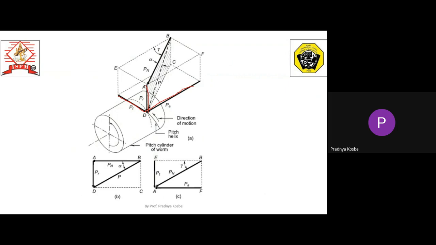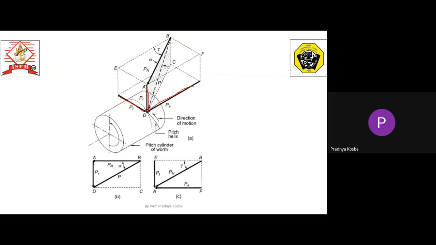This P is the resultant force. So the normal reaction P acting on the worm is shown in the figure.